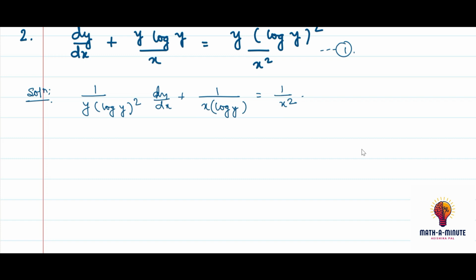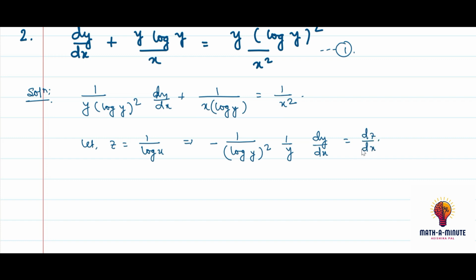Now, if we consider z equals to 1 by log y and differentiate this equation with respect to x, so it will be minus 1 by (log of y) whole square into 1 by y dy/dx equals to dz/dx.